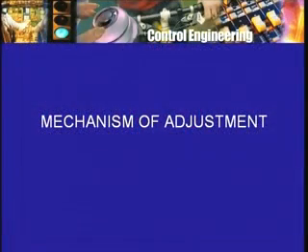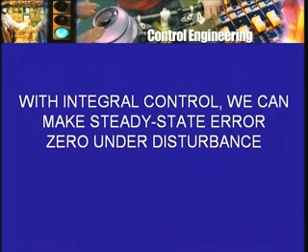But by changing the mechanism of this adjustment, by introducing the possibility of some kind of integration over a period of time, we will see that the steady state error can be made 0, although the transient error will not be 0, and once again the transient error may have some unwanted features.